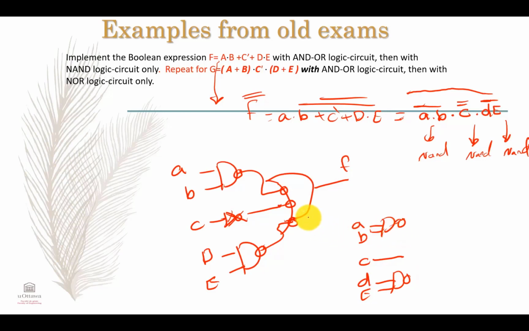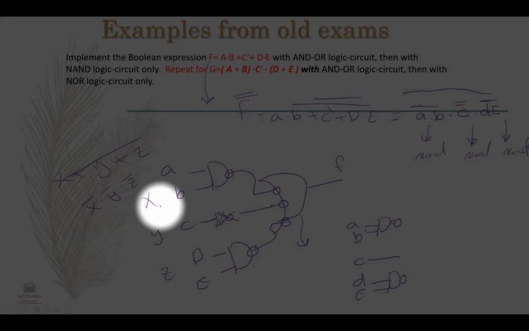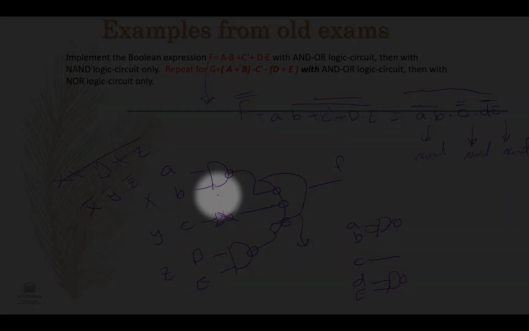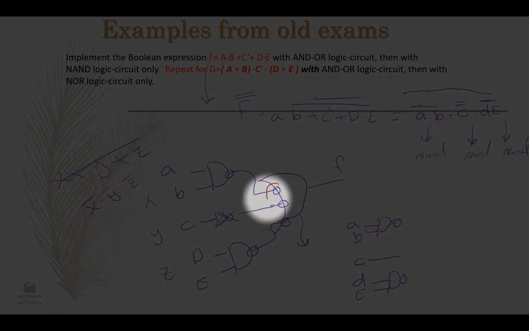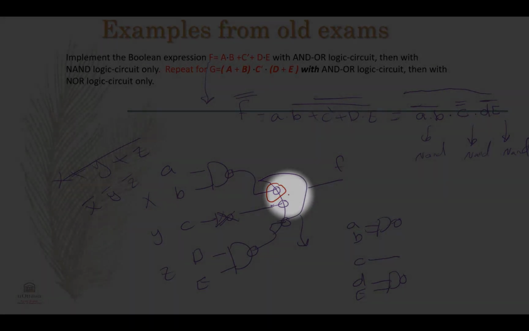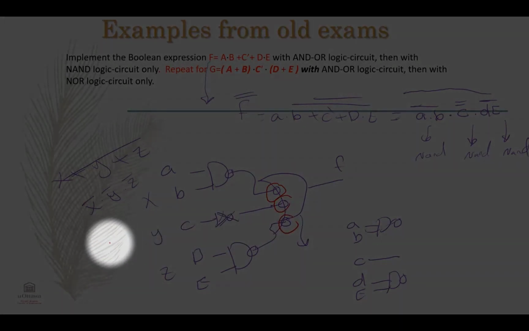And remember guys, let's suppose that this is X and this is Y and this is Z. As you can see, X is inverted because of this bubble, Y is inverted because of this bubble, and Z is inverted because of this bubble. And all of them are ORed.